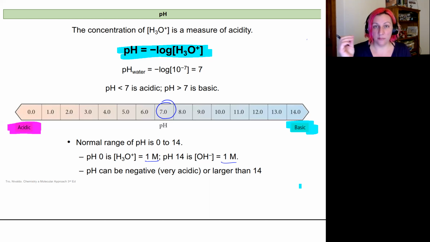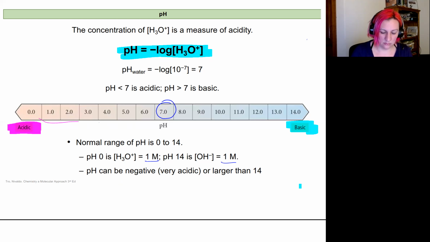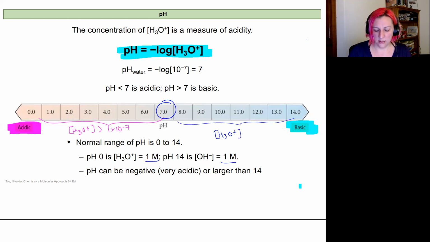Remember that in this acidic range right here, we have a concentration of hydronium ions that are going to be greater than 1 times 10 to the negative 7th. And in our basic region right here, we're going to have a concentration of hydronium ions that are less than 1 times 10 to the negative 7th.